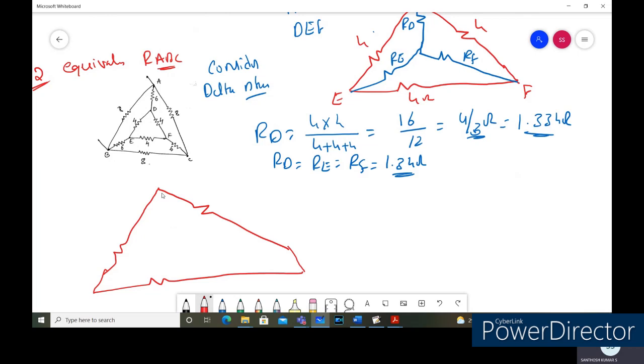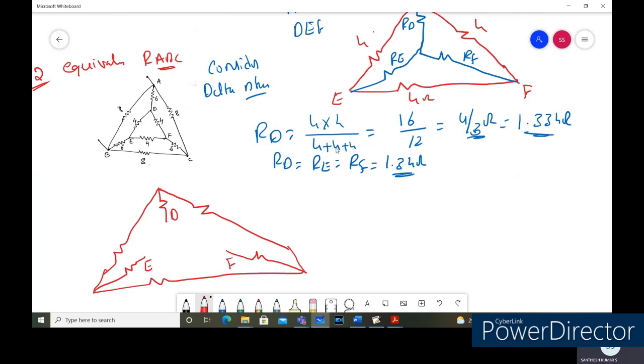And between that, we have one more resistance, and this is D, E, and F.